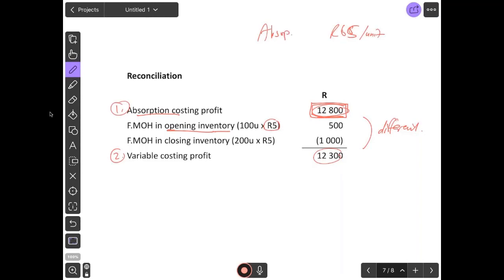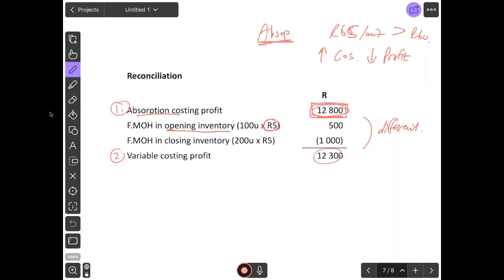Now, what does that do to our profit? It increases our cost of sales. In other words, it decreases our profit. So our profit is lower. Absorption costing is lower because we included this 5 Rand. So we have to turn it around now.